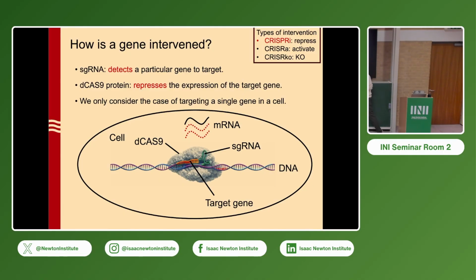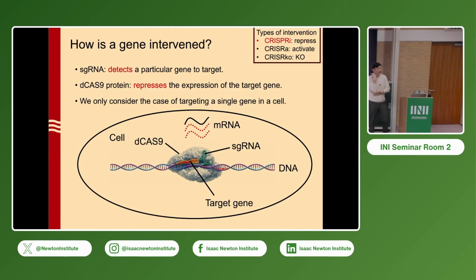And this is the name of the protein that actually does repression or activation of the expression level. I forgot the actual term for it, but that's the protein that does the actual repression or activation. You can think of the guide as the thing that finds the region you want, then it binds together with this protein, and then the intervention happens.